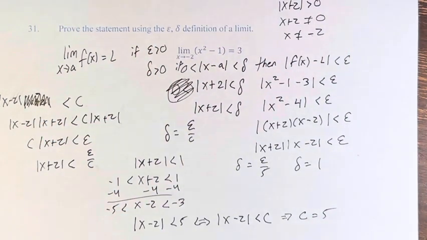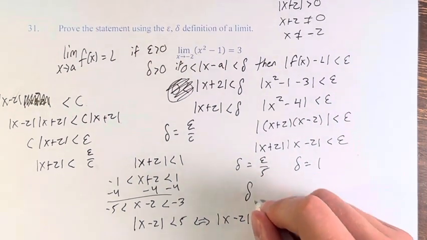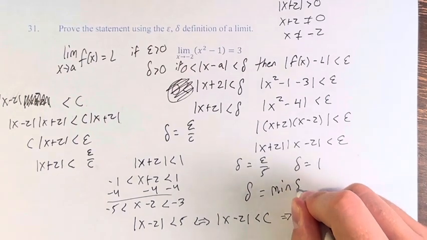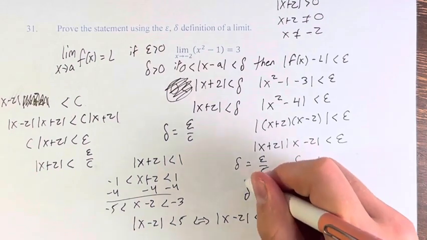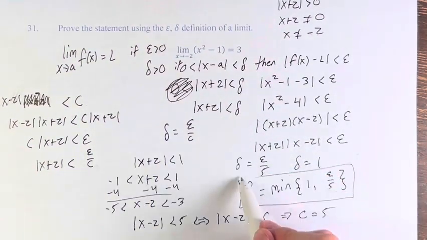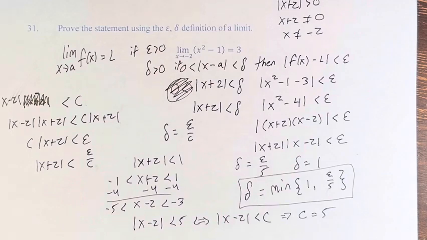So how do we know which one to choose? Well, what we have to do is pick the more restrictive value, the smaller of the two values. And so we denote that by saying delta equals the minimum of 1 and epsilon over 5. Because we don't know what epsilon is, because we could pick any epsilon.